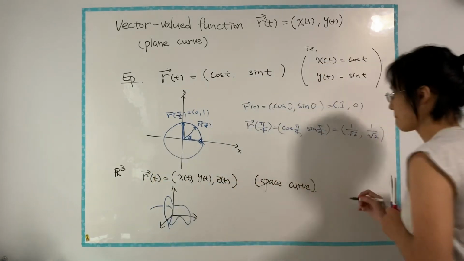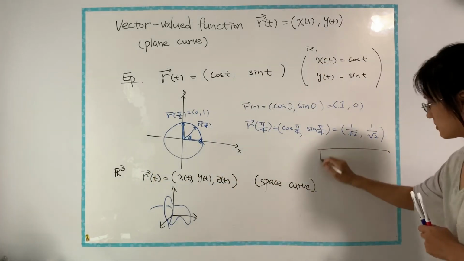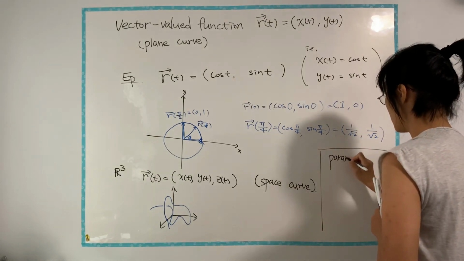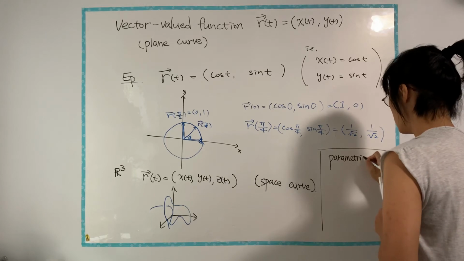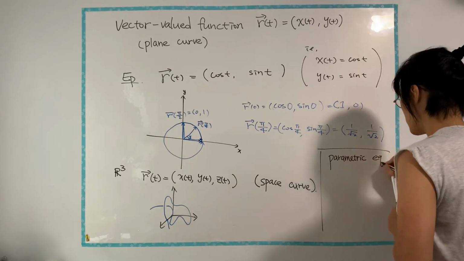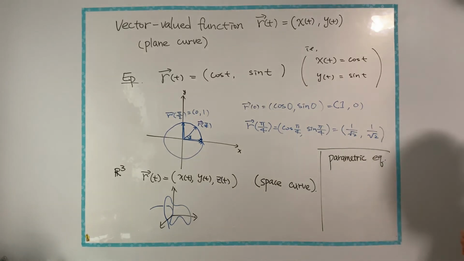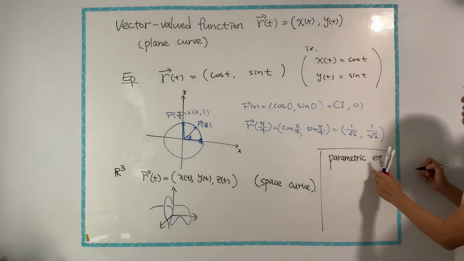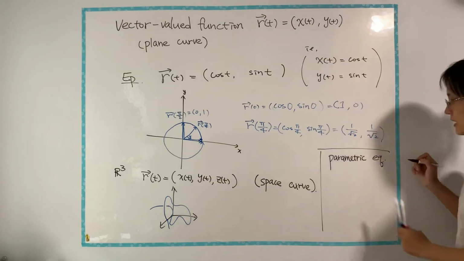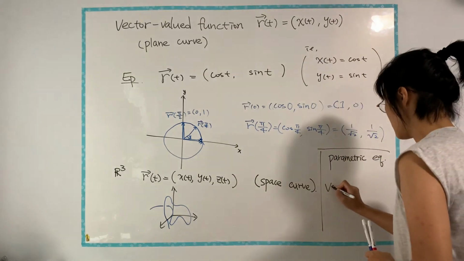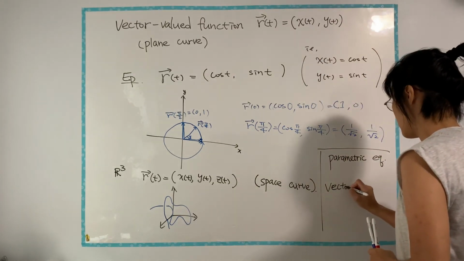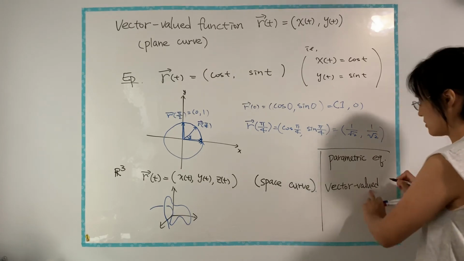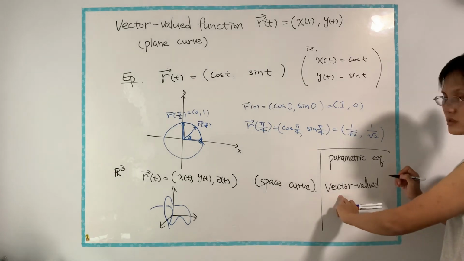So far you have learned a few terminologies. You learned what parametric equations are in general, and you learned that you can use parametric equations to write a vector valued function. Vector valued means the output value is a vector.